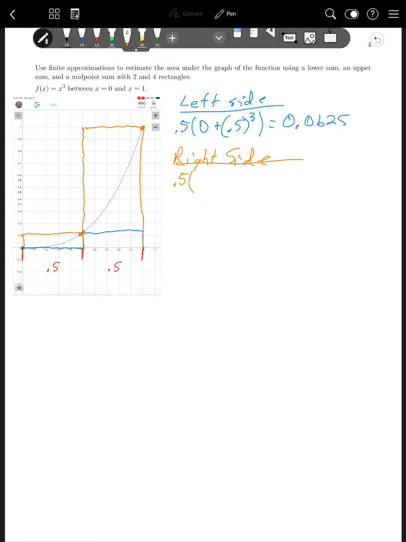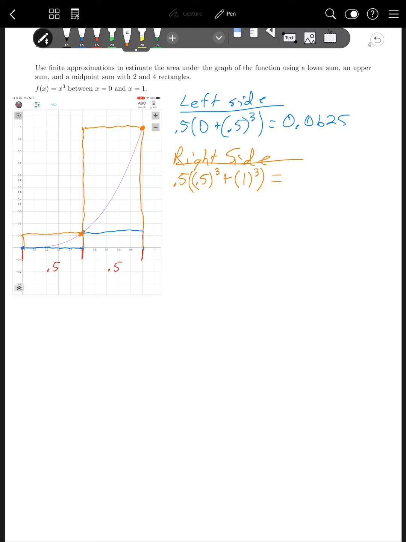Okay, so for the right side, we're talking about the right-hand endpoint. So the right-hand endpoint is at 0.5 and up here at 1. So we get this rectangle and this rectangle. Okay, so that would be our width 0.5 times our right-hand endpoint. The height of that is going to be 0.5 cubed, right? Because that's our right-hand endpoint.